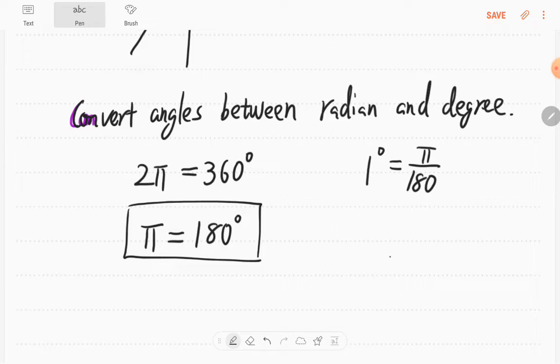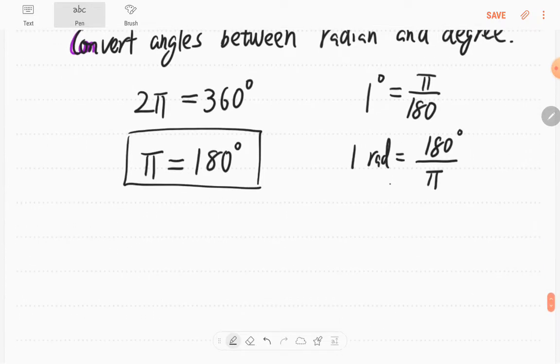If we divide by pi, then 1 radian equals 180 divided by pi degrees.